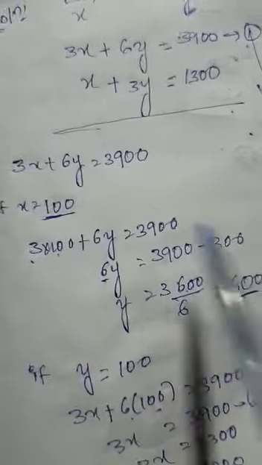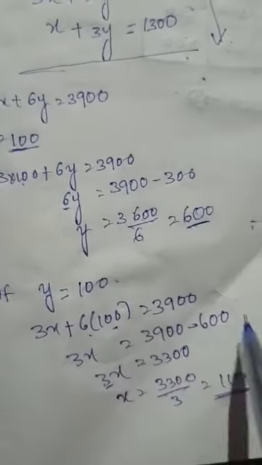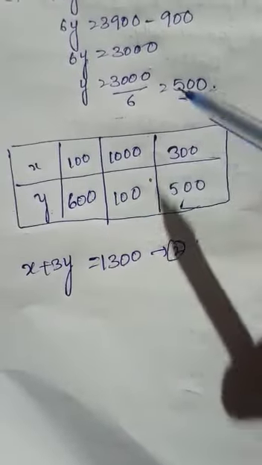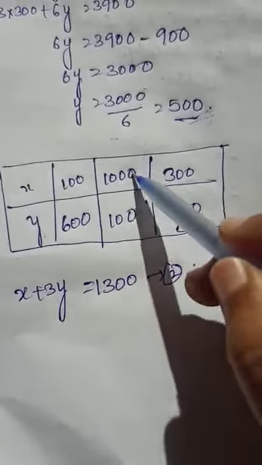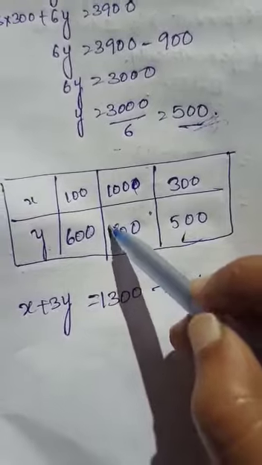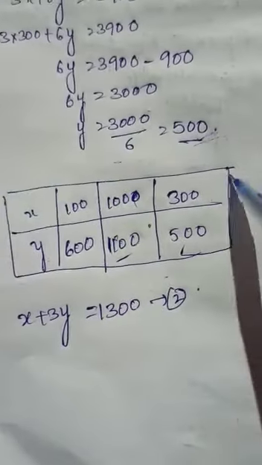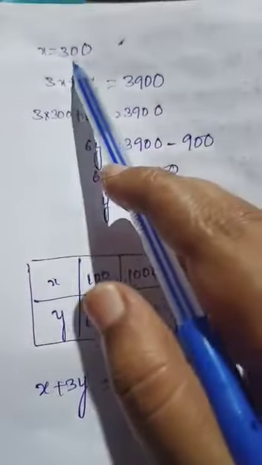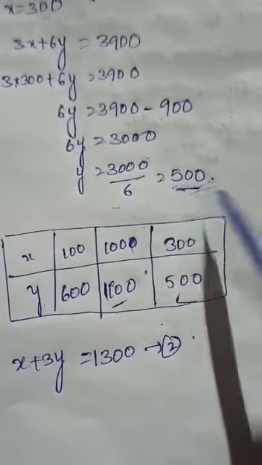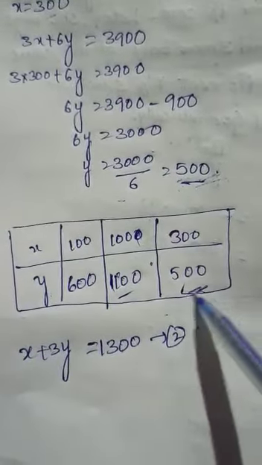We get y equal to 600. Next 1100, 100, y value 100, x value 1100. Next, x value 300, y value we get 500. We have 3 points.